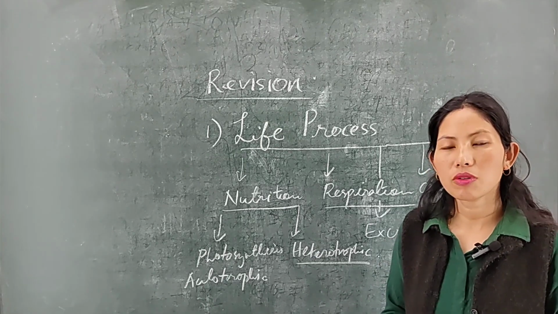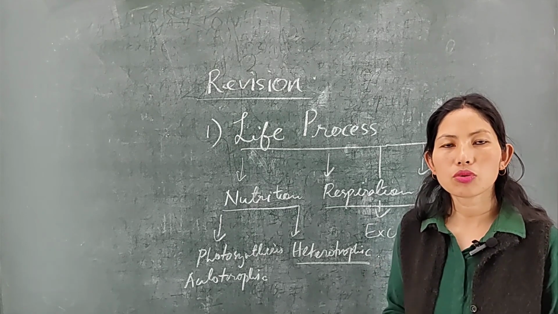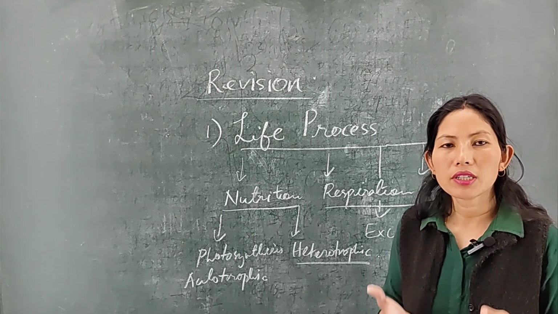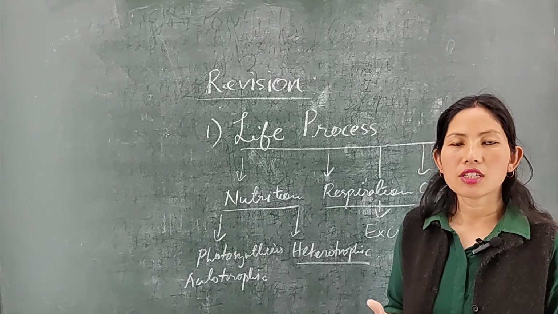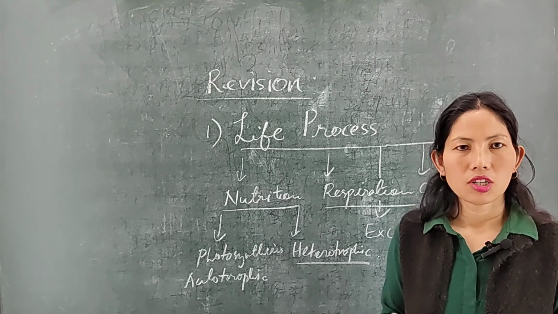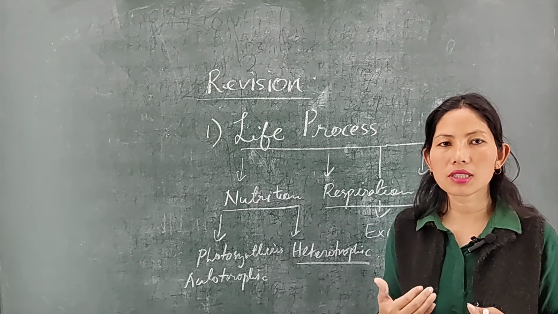And what is the mechanism of breathing? Mechanism of breathing means what enables us to breathe. The muscular movement of the diaphragm, as well as the intercostal muscles, together help in the breathing process, inhalation as well as exhalation.